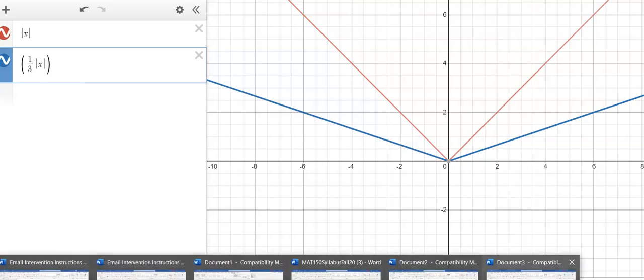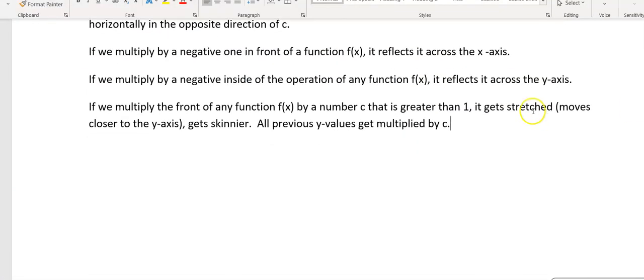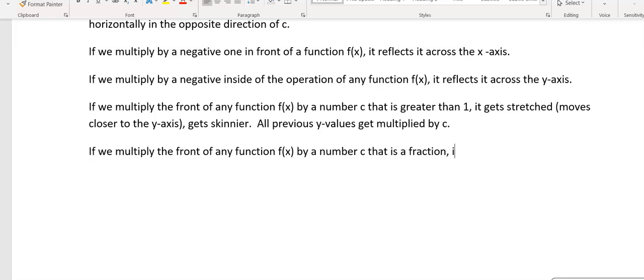So let's summarize that. So if we multiply the front of any function f of x by a number c that is a fraction, it gets compressed, moves closer to the x-axis.